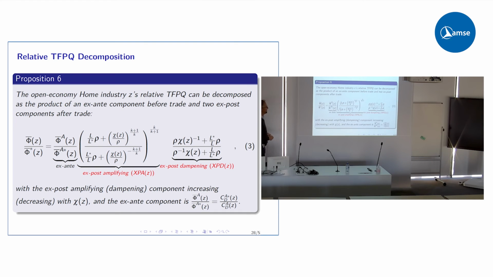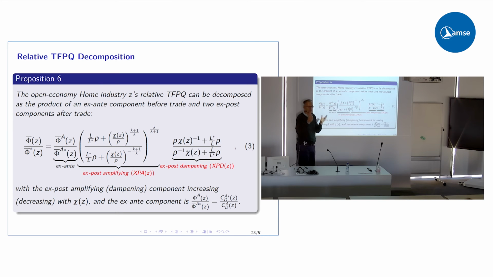Then you can decompose this ratio of productivities in each industry between the domestic and the foreign country into three components that tell you how the structure of the model works. You have an ex-ante component, which is the ratio of the average productivities in the two sectors at home and abroad in autarky. We've seen that already.